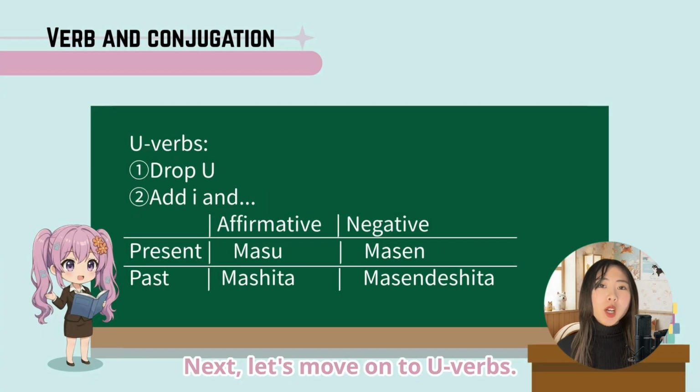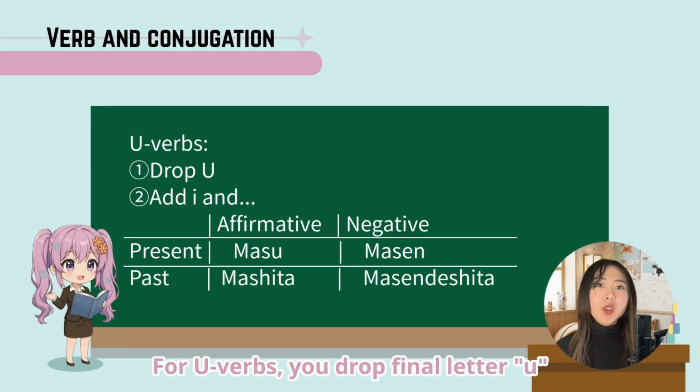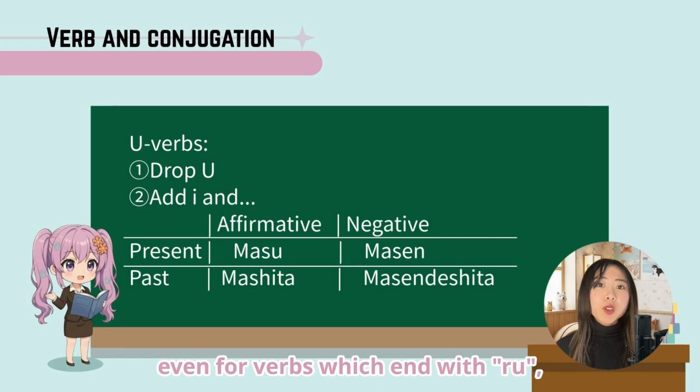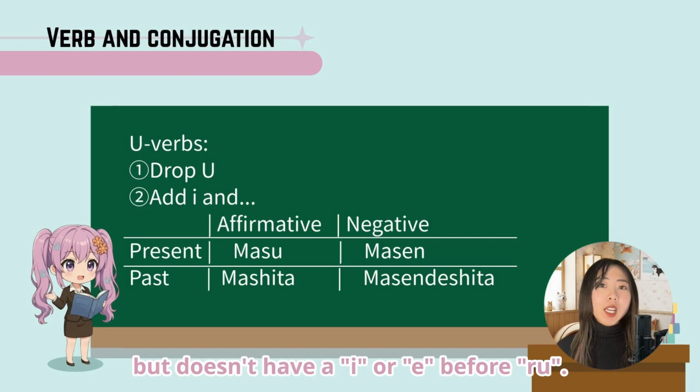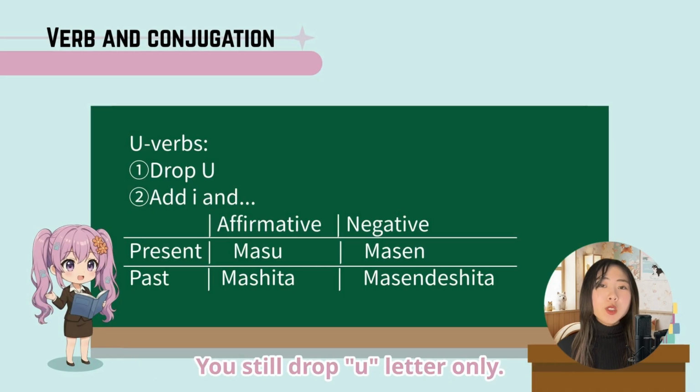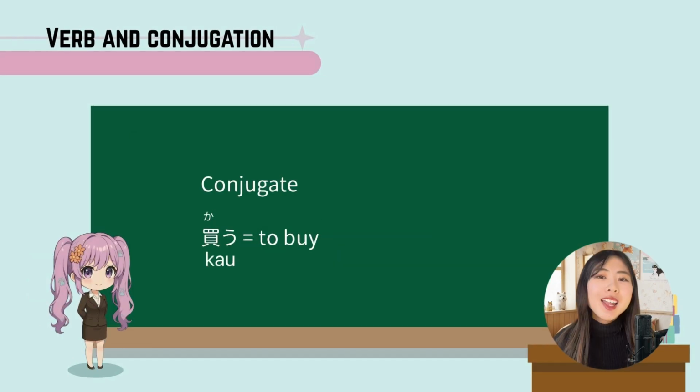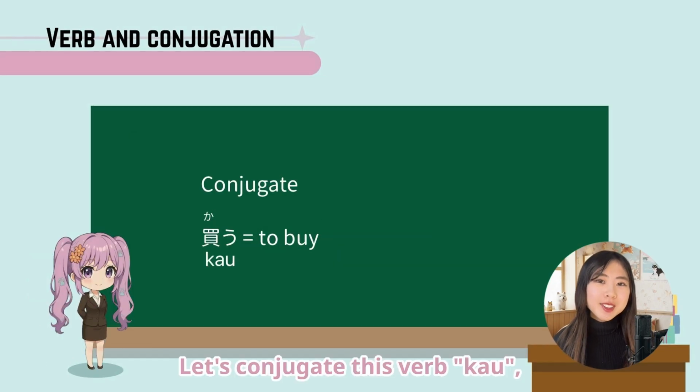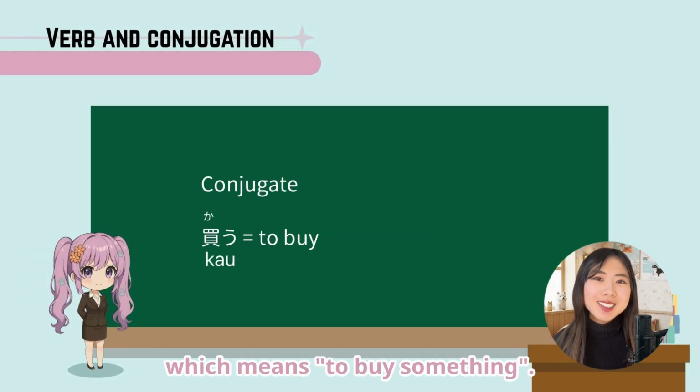Next, let's move on to U verbs. For U verbs, you drop the final letter U, even for verbs which end with ru but don't have an I or E before ru. You still drop the U letter only. After dropping the letter U, you add I, and then you add masu, masen, mashita, masen deshita. Let's conjugate this verb, 買う, which means to buy something.